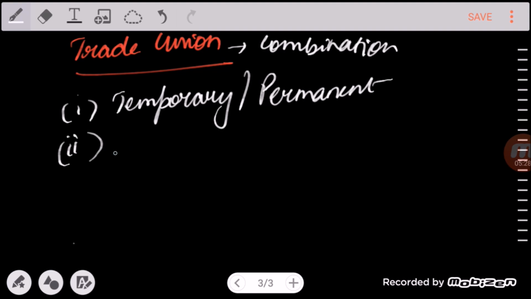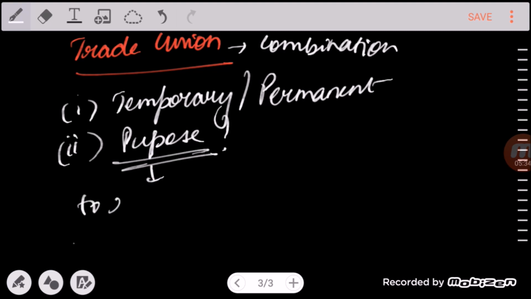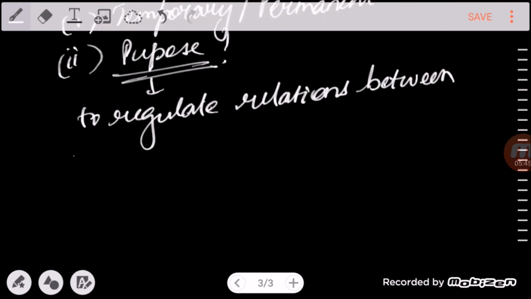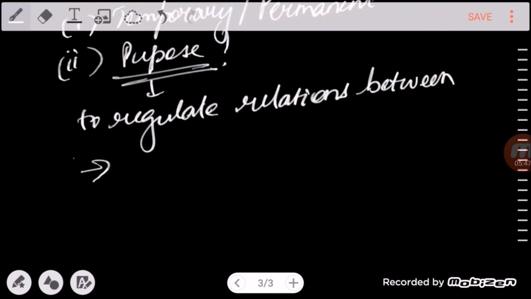What is the purpose of formation? To regulate relations between whom? Between workmen and employers.